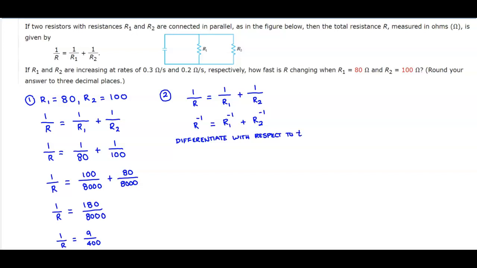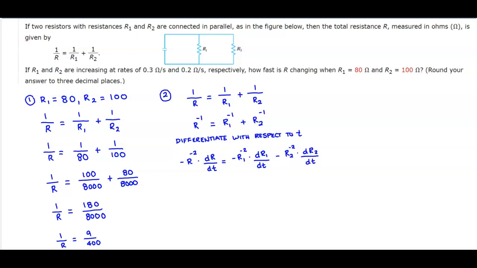So we end up getting negative R to the negative 2 times dR over dt, which is equal to negative R1 to the negative 2 times dR1 over dt, minus R2 to the negative 2 times dR2 over dt.